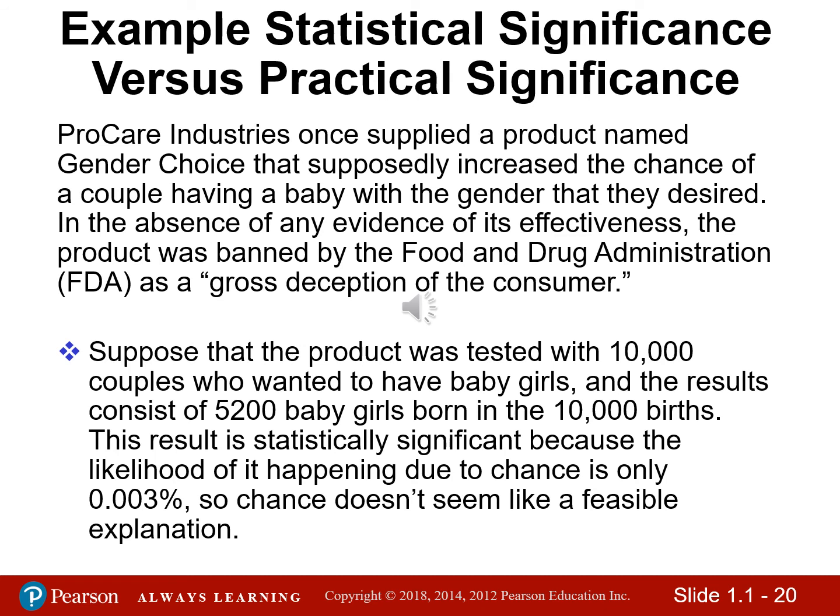This result is statistically significant because the likelihood of it happening due to chance alone is about 0.003%. So chance doesn't seem like a feasible explanation due to the results. So in the absence of any evidence of its effectiveness, the product was banned by the Food and Drug Administration as gross deception to the consumer.